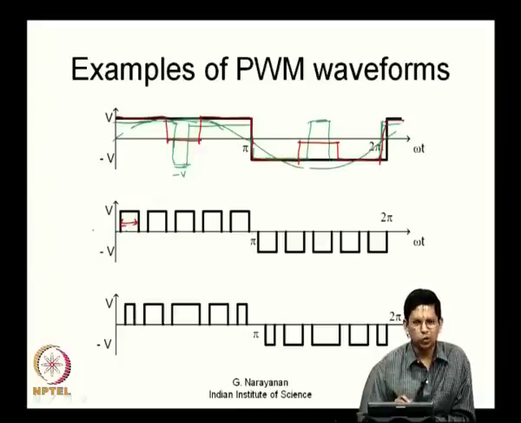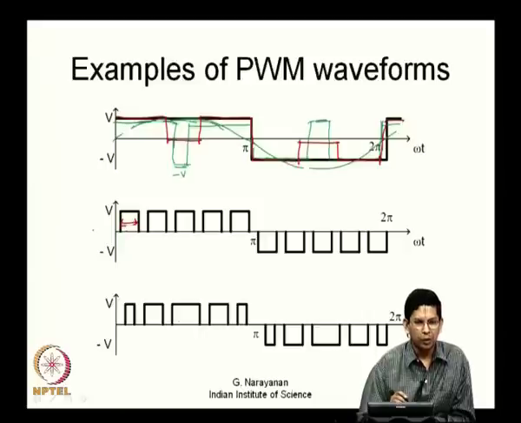Now, you can also do better by modulating the widths in a particular fashion. By doing all this, you will not only be able to control the amplitude, you will also be able to reduce the harmonics substantially. This is what we will be trying to do in a more systematic fashion and at greater depth in the later lectures.